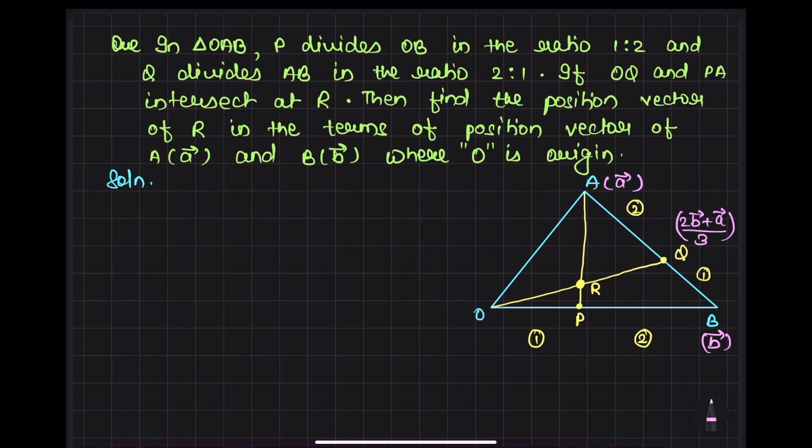Similarly, you can find the value of vector P. So P vector will become 2 times B vector plus 0 by 3.